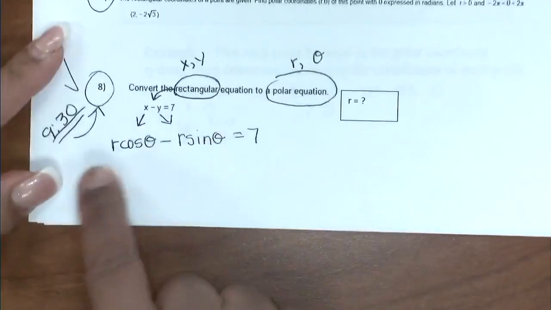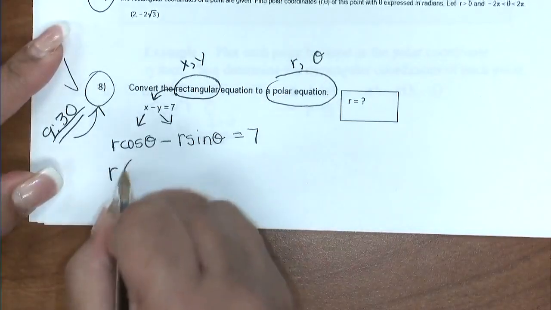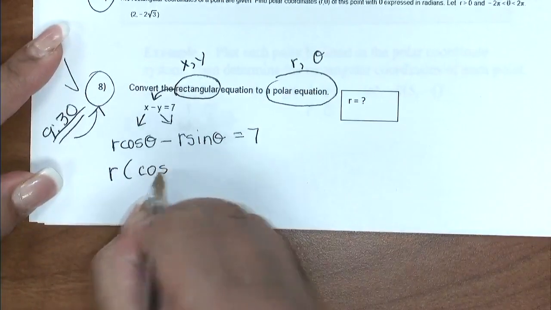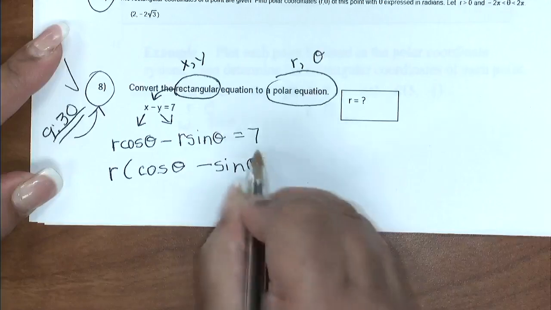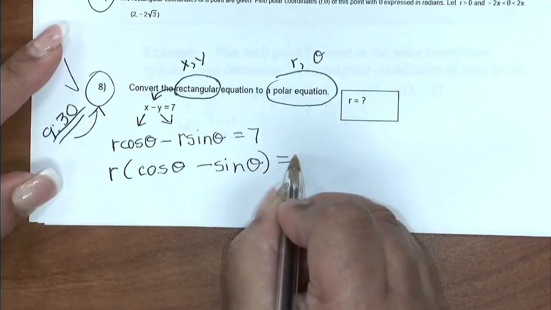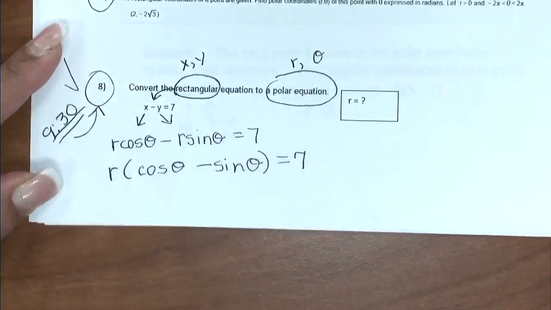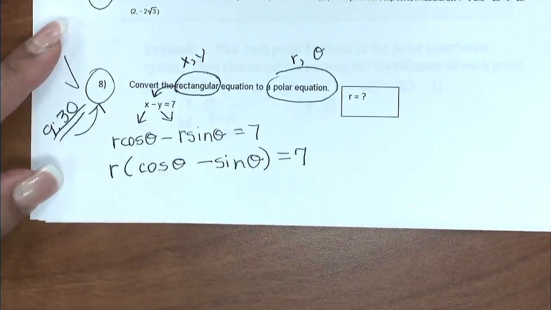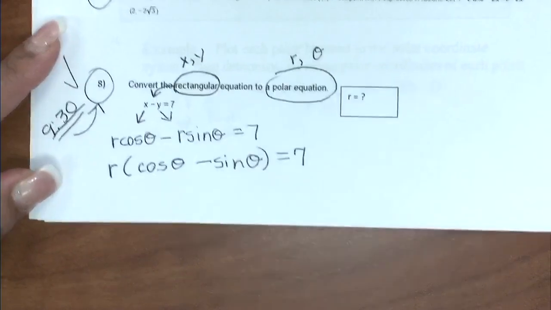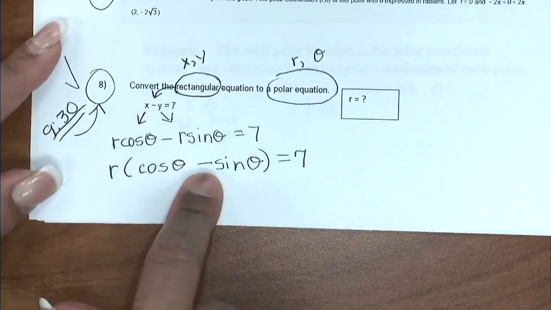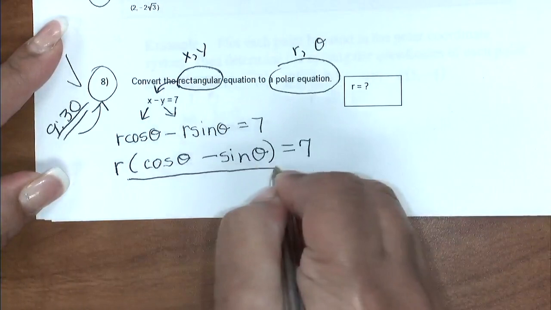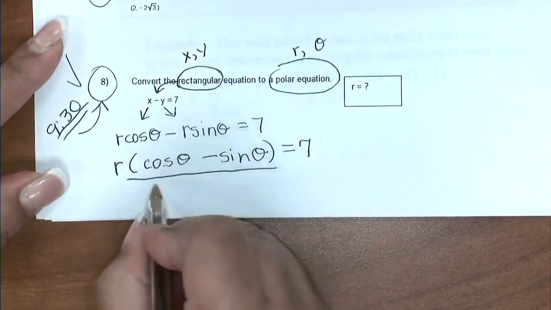Okay, so if you factor R out of there, then you can write this as R times cosine of theta minus sine of theta equal to 7. And now you can isolate the R because now the R only appears in one place. It's the factor that you pulled right out there. This says R times this expression, so you want the expression to go away, you do the opposite of what it says right now.